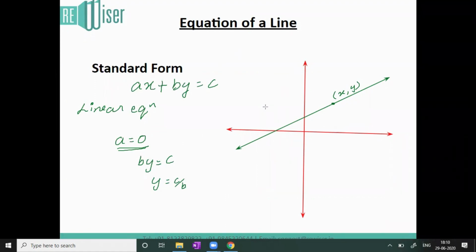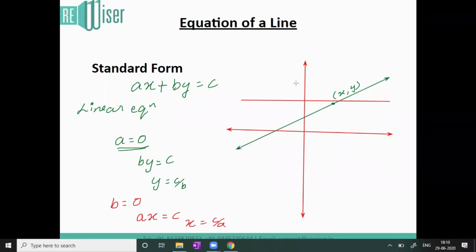If you plot it on your xy plane, it will be a horizontal line which is parallel to your x-axis. And if b is 0, then I end up with something like ax equals c. Again, if you make x the subject, x equals c over a, which is again some constant.